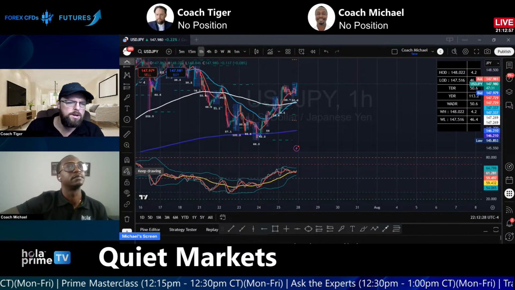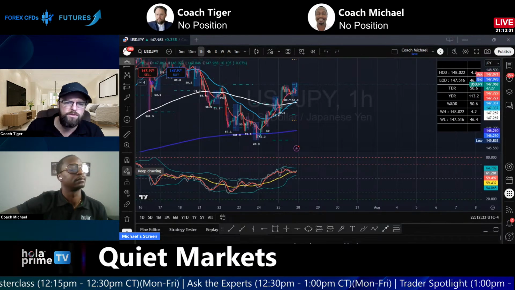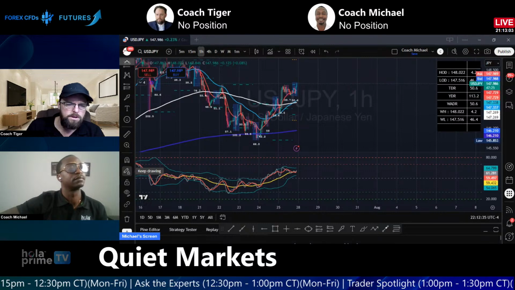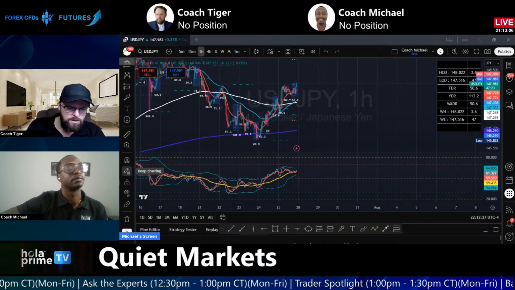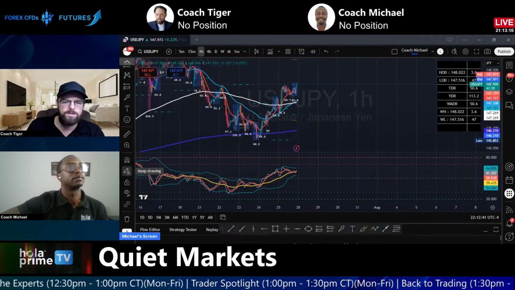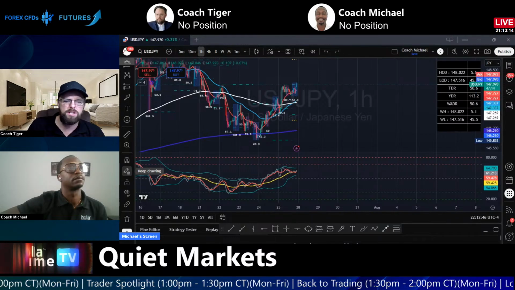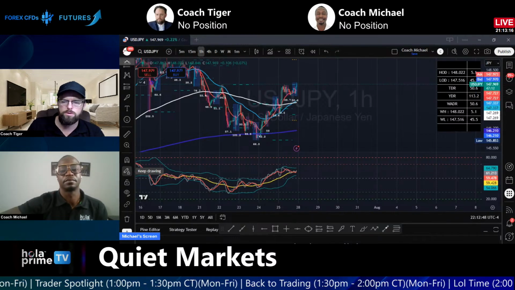So here's the way I see the dollar yen. If I'm just looking at the fundamentals, I'm not getting a reading either way on the COT report or the retail sentiment, so the sentiment's not helping out. It's straight neutral.